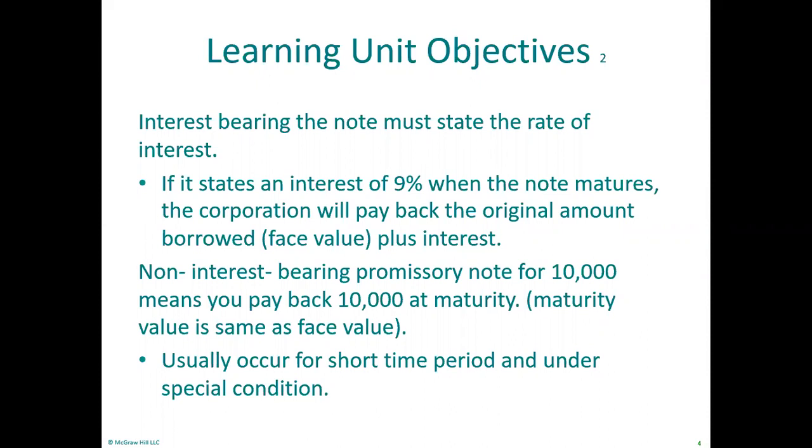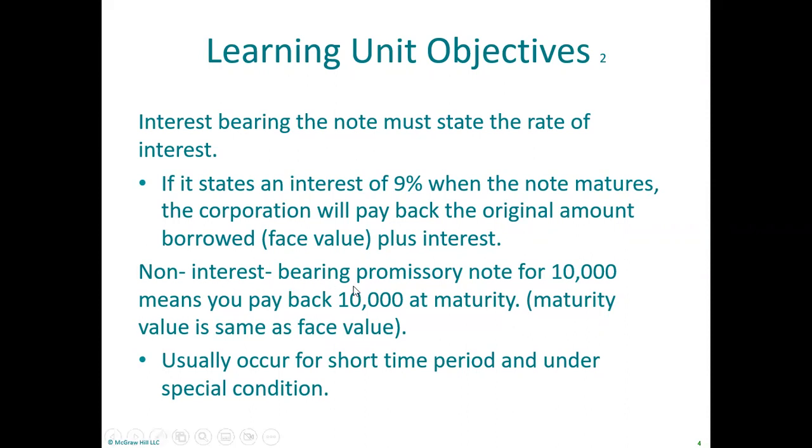If it states an interest rate of 9%, when the note matures, the corporation will pay back the original amount borrowed, the face value, or sometimes called the principal, plus the interest. So we learned about this. The maturity value is simply the sum of the principal plus the interest incurred during the duration of the loan.